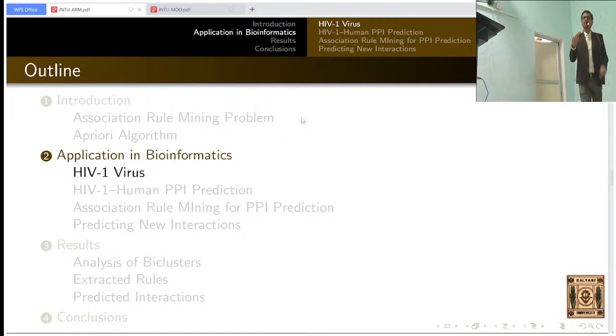So it is very important to find out the exhaustive list of which viral proteins interact with which human proteins. Now the thing is that there are a lot of human proteins, say 50,000, more than that. And the number of viral proteins is usually less.